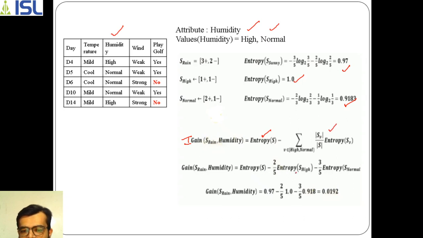Here we are substituting the values, and 2 by 5, how many highs are there here? 1, 2 are there, right? So 2 highs and 3 normals, so 3 by 5 for normal. By substituting all of these values you will get the same value, 0.0192. So this is the value for attribute humidity, which is 0.0192.